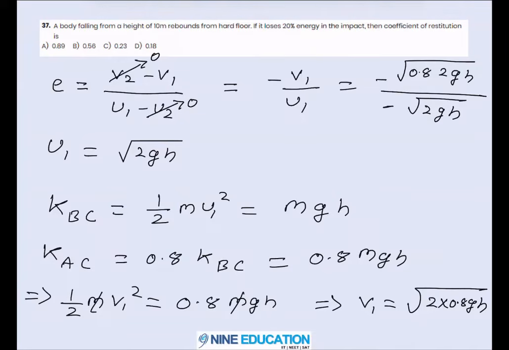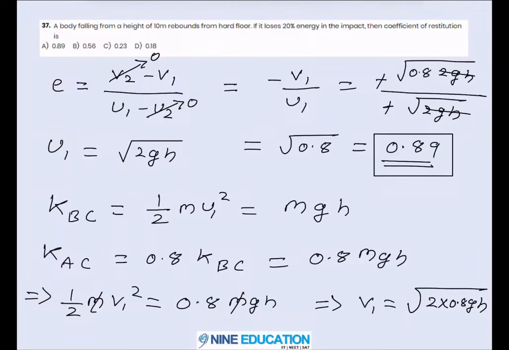Now minus minus cancel out, 2gh cancel out, so our answer comes out to be root over of 0.8. What is the root over of 0.8? It is about 0.89. So the value of the coefficient of restitution is 0.89, option number A.